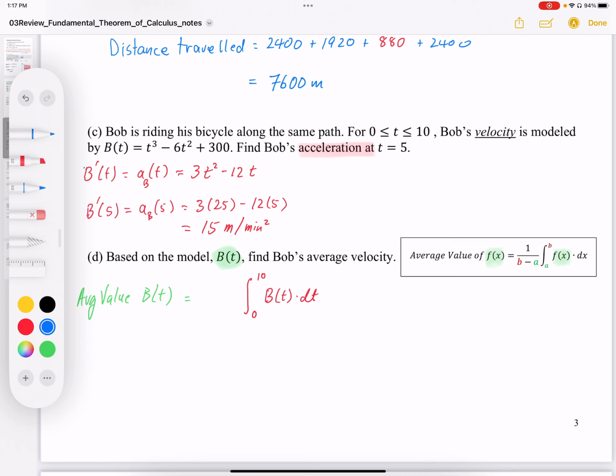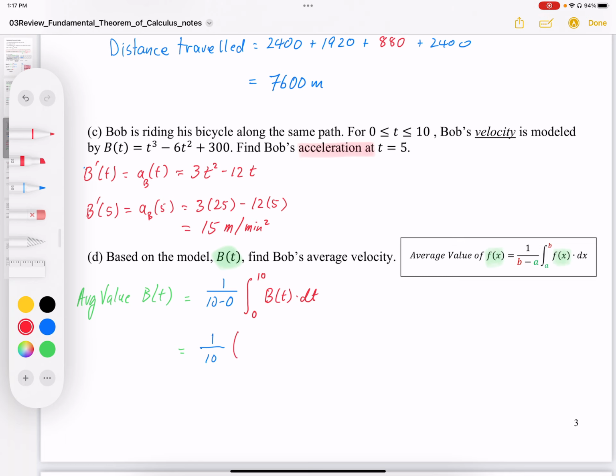So we divide it by 10 minutes, and that is going to give us the average velocity, which is in meters per minute. So if we keep track of the units, it makes sense. So then this works out to be 1 over 10 times the area, which is the antiderivative of this, so we're going to anti-differentiate this expression.